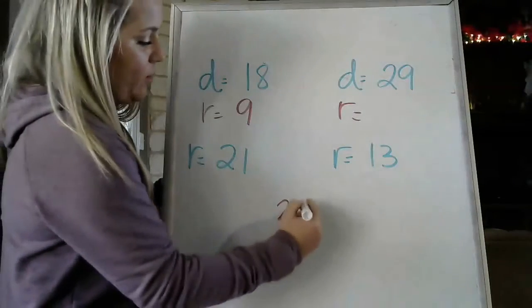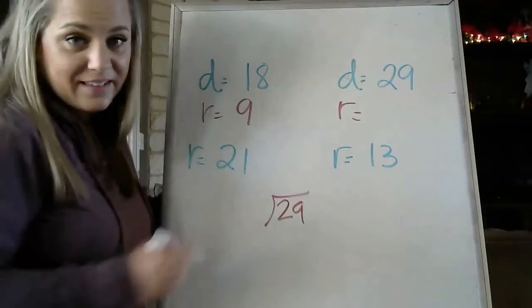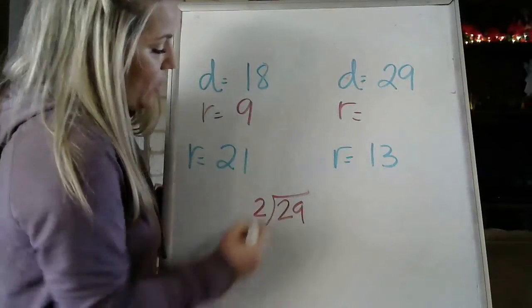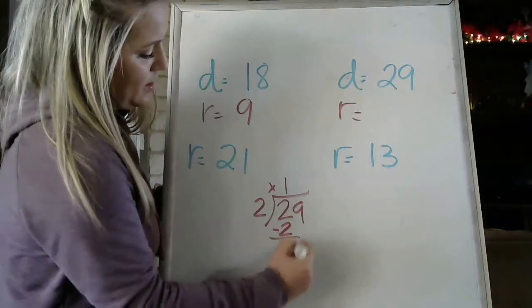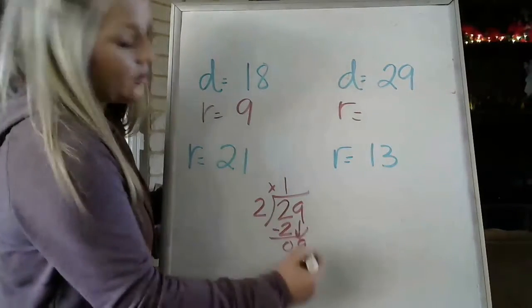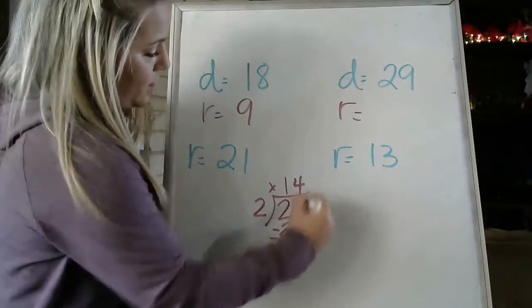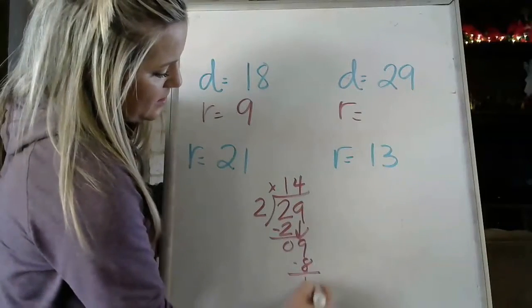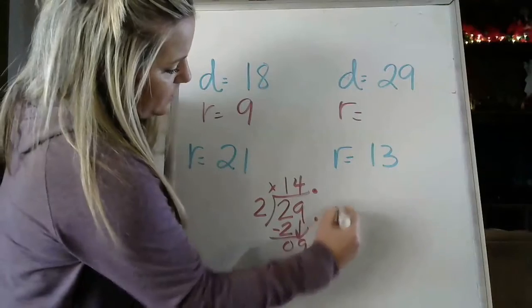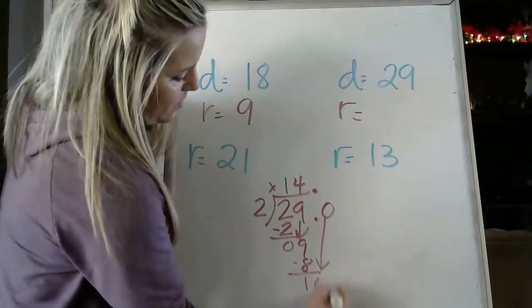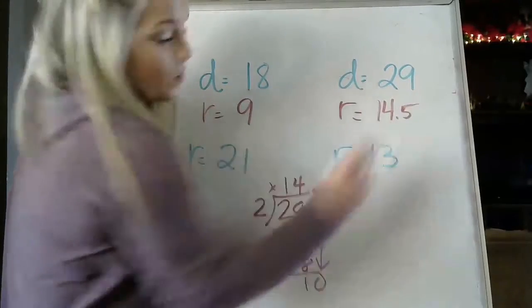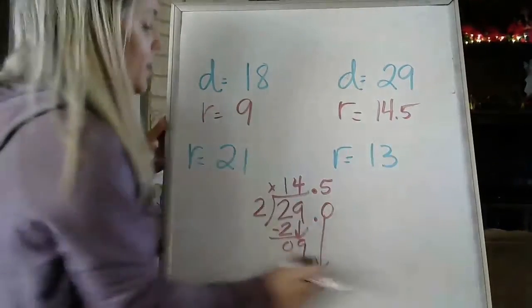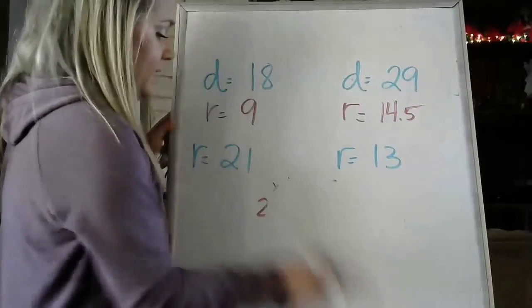We need to divide that because it's not going to be an even number. 2 goes into 2 one time. 1 times 2 is 2. Bring down the 9. 2 goes into 9 4 times. That's 8. Add a decimal and a 0. 14 and a half, or 14.5, or 14 and 5/10, however you want to say it.